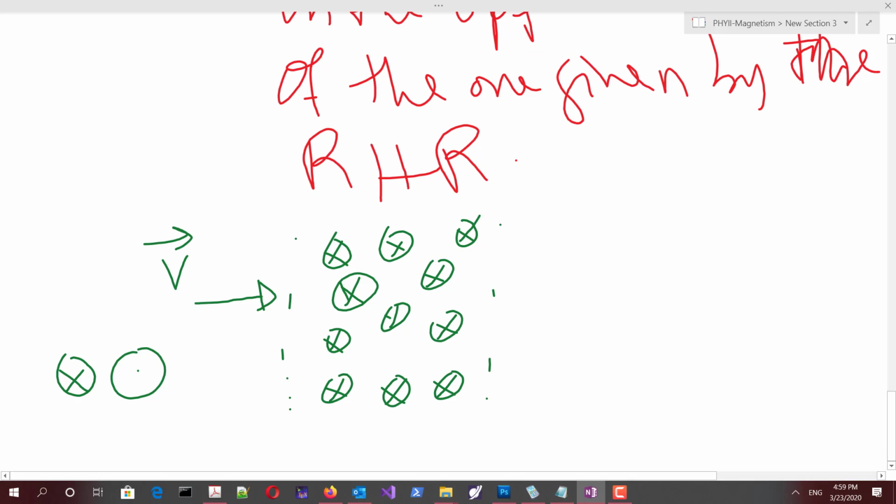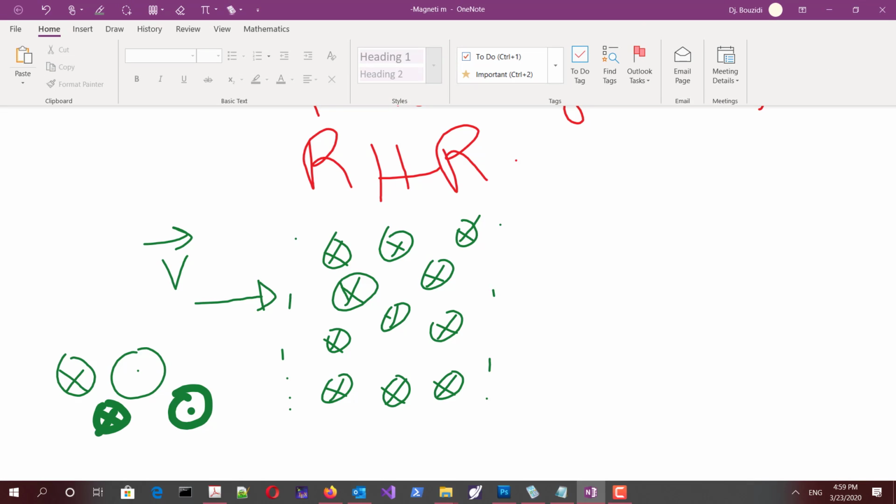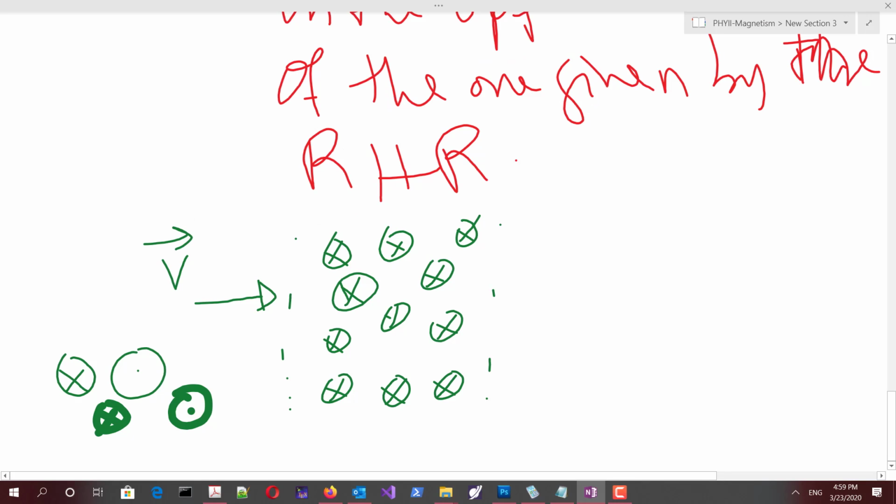So this is out, this is in. That's a distinction. The way I have it here, this region has a magnetic field pointing inside. Now, as the charge gets in, it's going to be subject to this magnetic force.